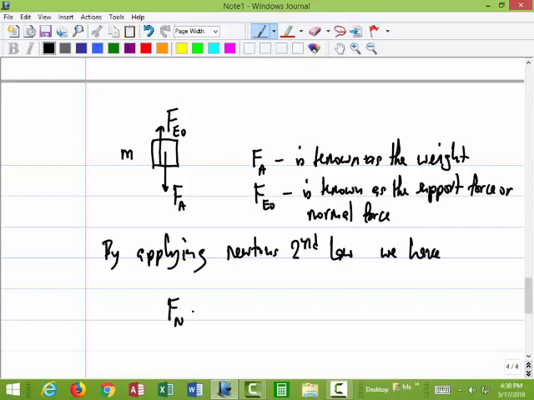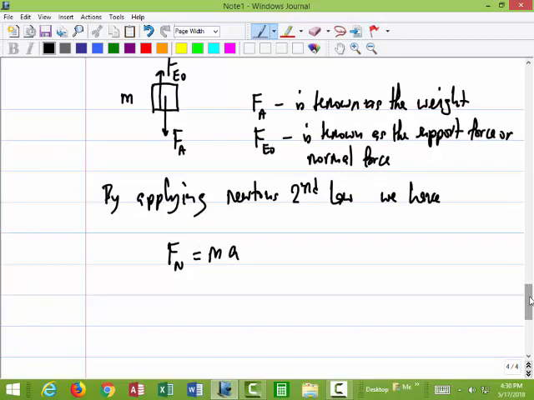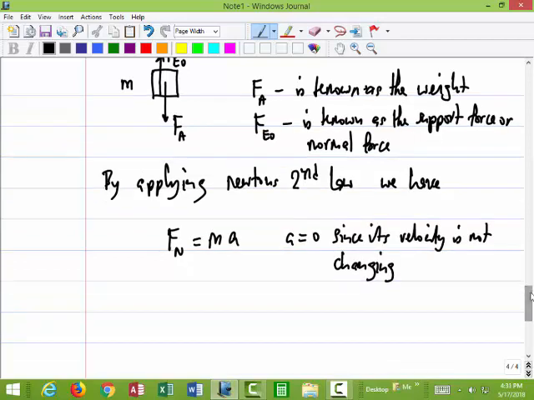Net force, of course, is equal to the mass times acceleration of the object. Since the object is not moving, acceleration is equal to 0. So the net force on it are the external forces. We can say that F_EO minus F subscript A are the net forces, and those forces should be equal to 0.